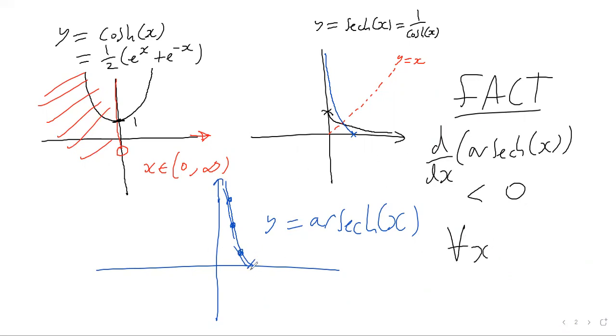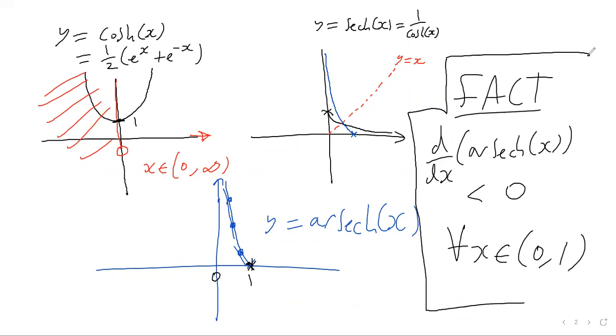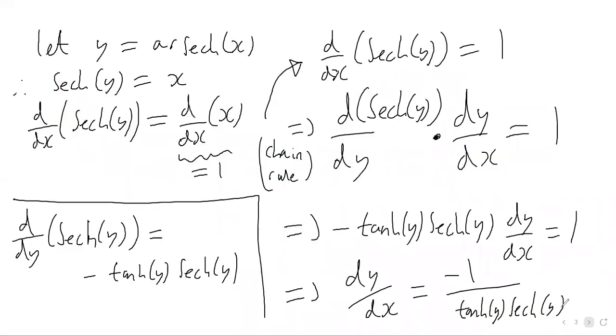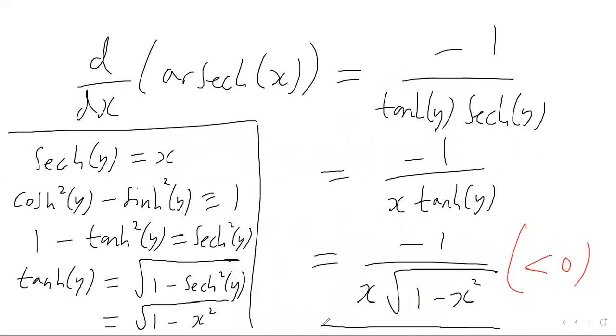As you can see, our domain goes from 0 to 1, because this coordinate there is just (1, 0), and as x tends to 0 from the positive side, the arsech function tends to infinity. This is the fact we've got to bear in mind. So when we plug in any x value between 0 and 1, is it true that this function is always negative? Well, let's think about it.